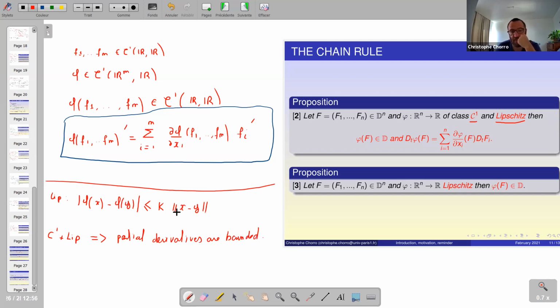Okay, it's easy to see this from this expression here, and the bounds may be found to be k here. If I have an optimal k, let's say.